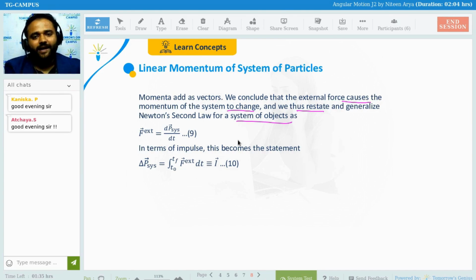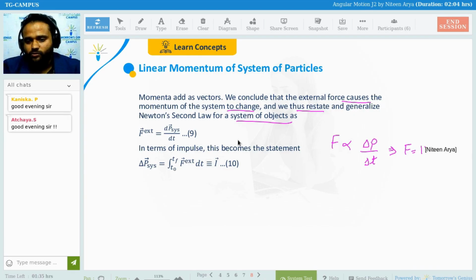What does it mean? As we know, Newton's second law says force is directly proportional to the rate of change of momentum, F equals K times the rate of change of momentum, and here the proportionality constant K is 1.